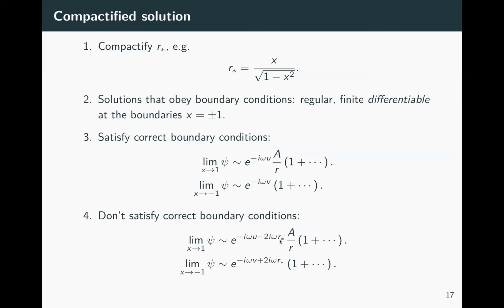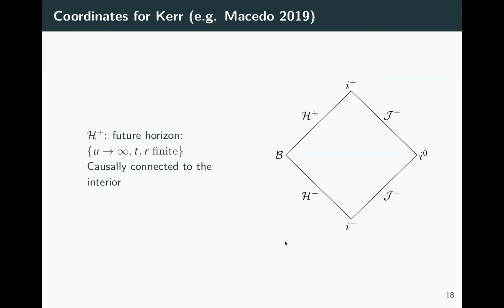The ones that don't are going to be oscillating an infinite number of times before you reach plus or -1. That's another way of thinking of it. But if there are any questions, please just interrupt me. I can't see the chat, so if you have any questions, just interrupt. Okay. That's the boundary condition discussion.